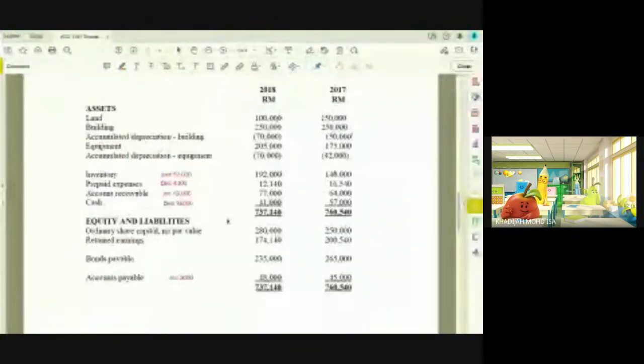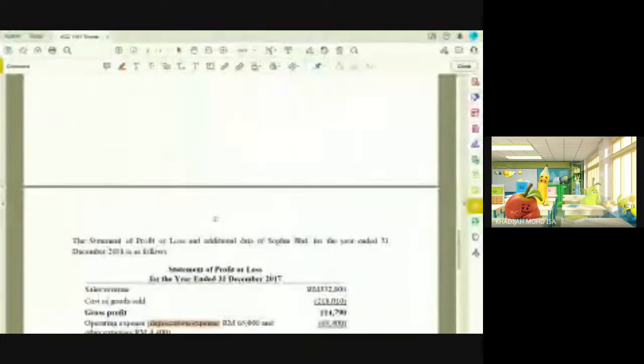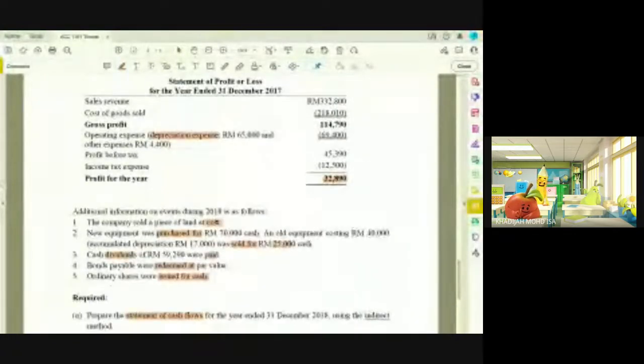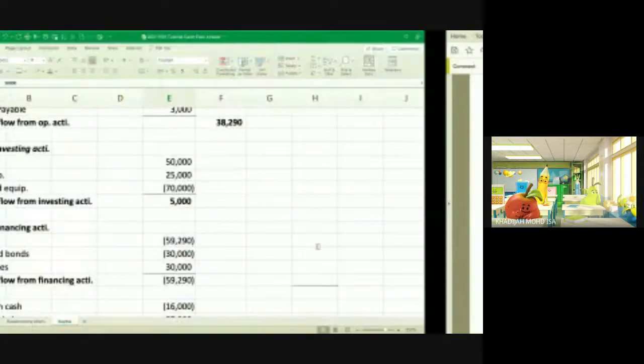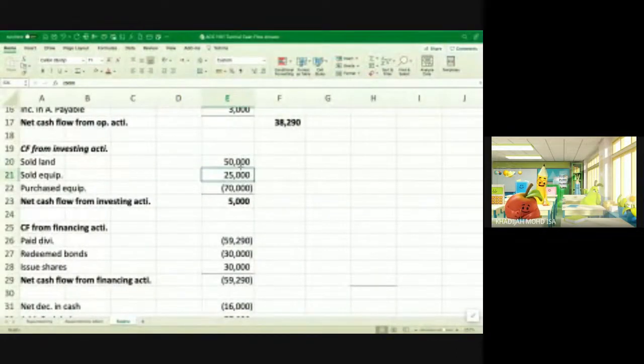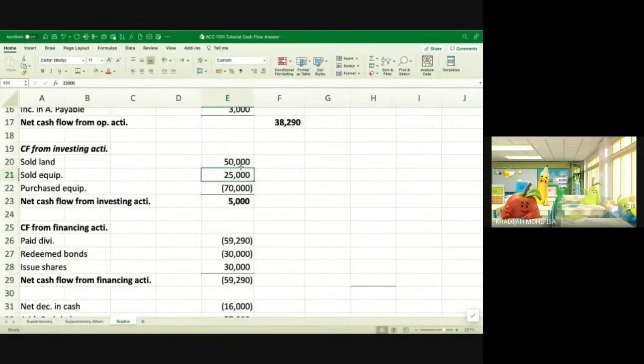When you sold your equipment just now, remember note number 2 says you sold equipment costing 40,000, but you received cash of 25,000. So from the sale of your equipment, you receive a cash inflow of 25,000, which goes into your investing activities.